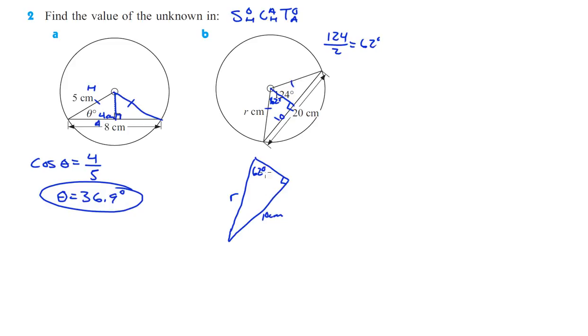So from that angle, this is the hypotenuse. This is the opposite. So opposite and hypotenuse is sine. So we would want to do sine 62 equals opposite, which is 10, over hypotenuse, which in this case is r. The variable is in the denominator, so these two are going to swap spots, and we'll get that r is going to equal 10 divided by sine 62.